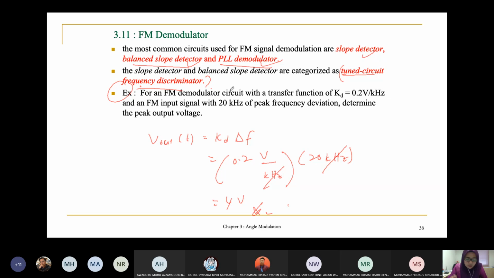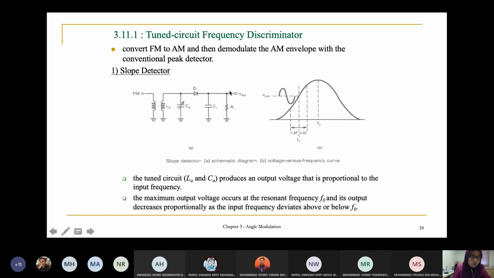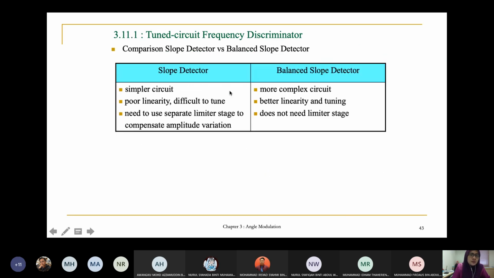But I don't want to go into the details of the process for the tuned circuit frequency discriminator. Basically, section 3.11.1 will not be asked in your test or in your final exam. But the one that you need to know is the comparison between the slope detector and the balanced slope detector.